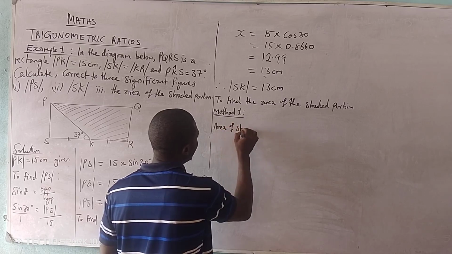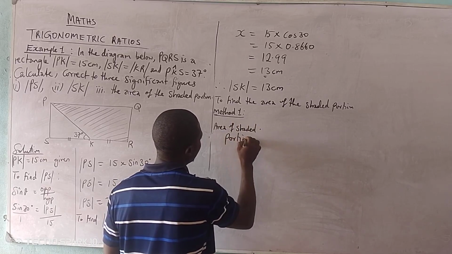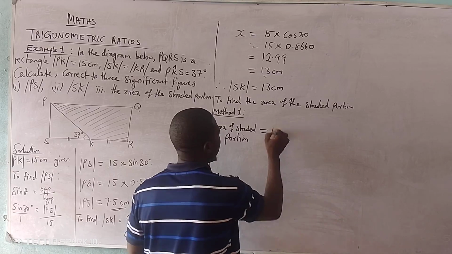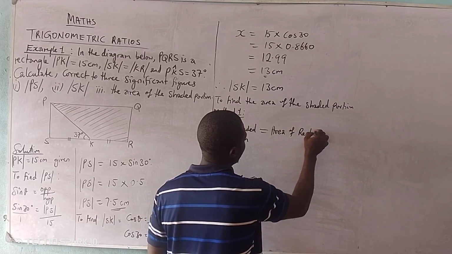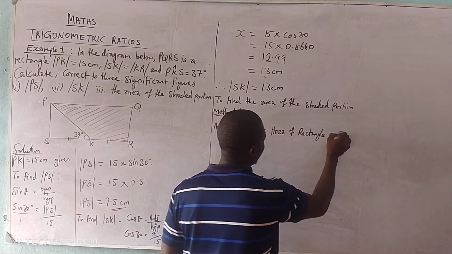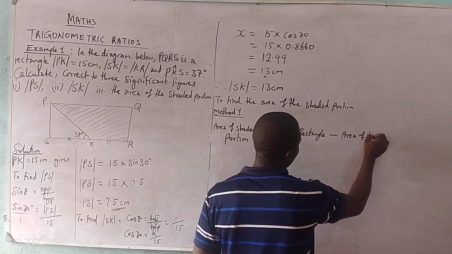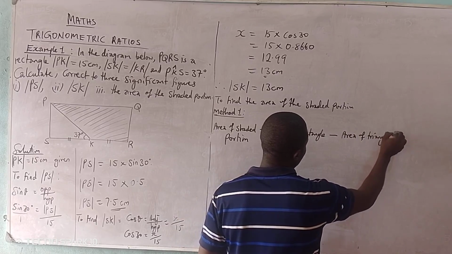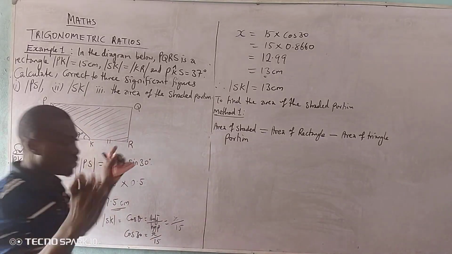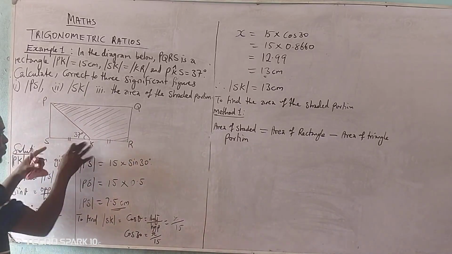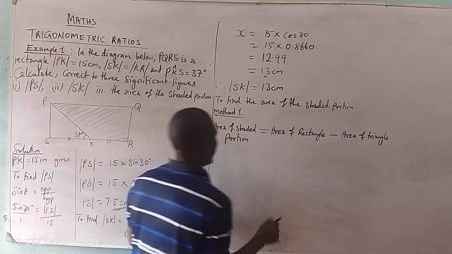Area of shaded portion equals area of rectangle minus area of triangle. The triangle in the figure, not on a general basis, but on this diagram. Area of this rectangle minus area of this triangle. So that's good to go.